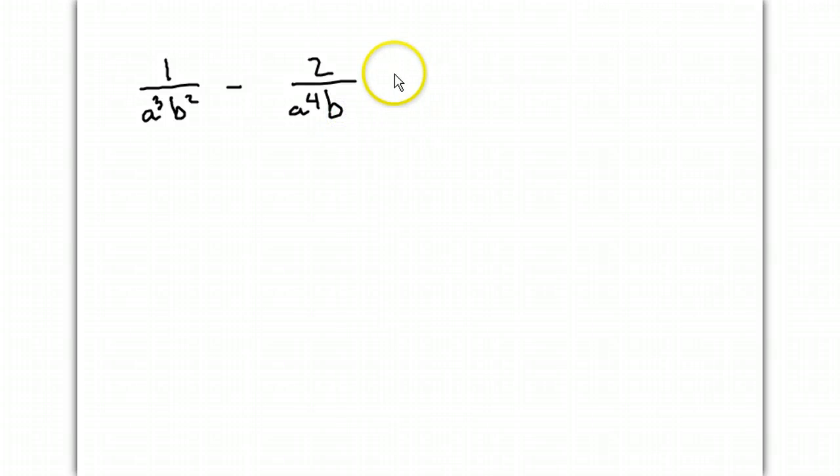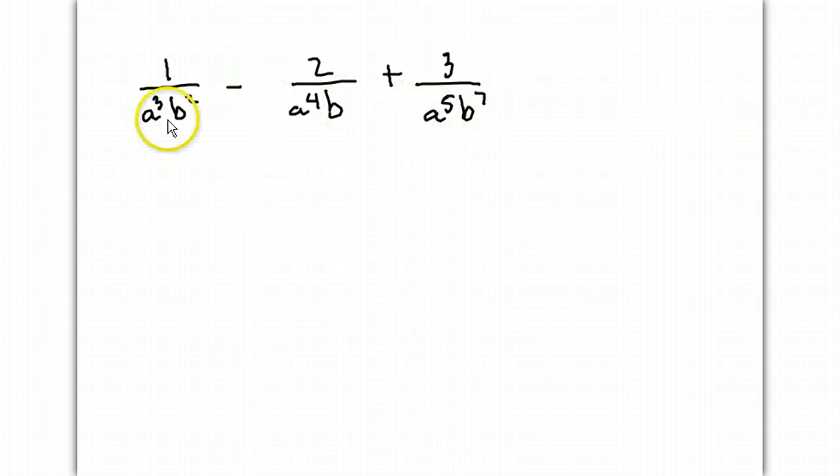Let's try it. We have 1 over a cubed b squared. We're subtracting 2 over a^4 b, and we're adding 3 over a^5 b^7. Well, you look for the highest a. a^5 is the highest a, so you want all of them to be a^5. b^7 is the highest b, so you want all of them to be b^7.